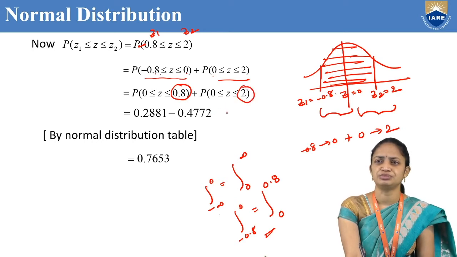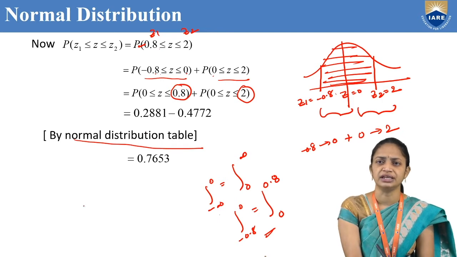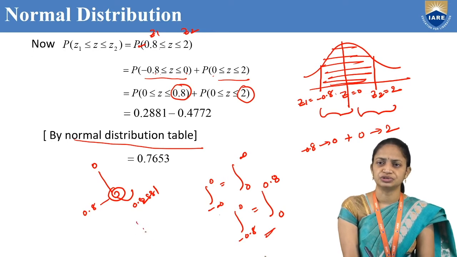From the normal distribution table, we take 0.8. In 0.8, we take the 0 column, and this value is 0.2881. Similarly, these are the z values.